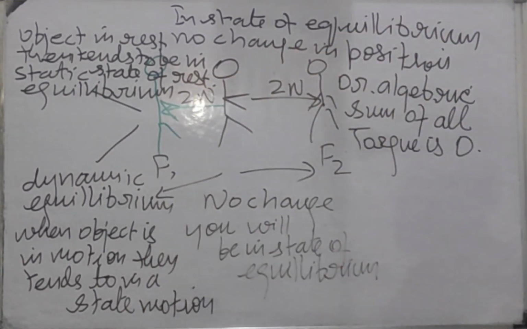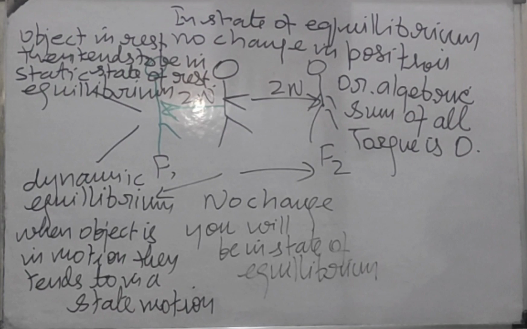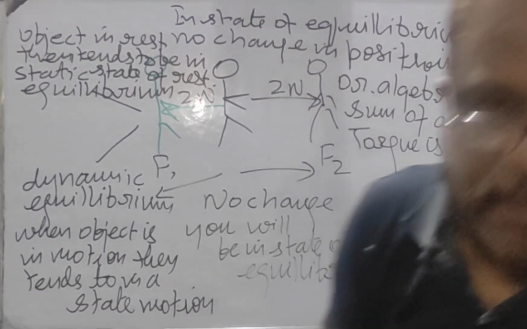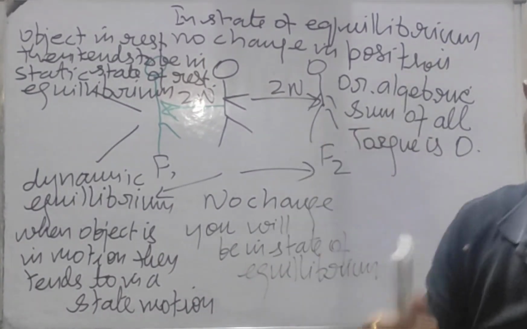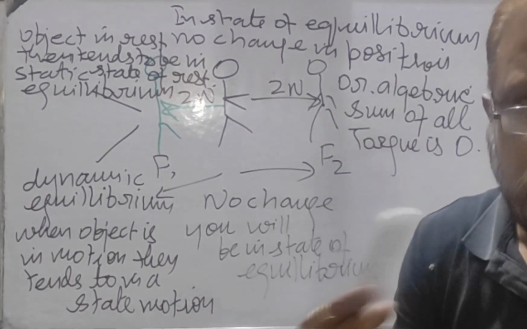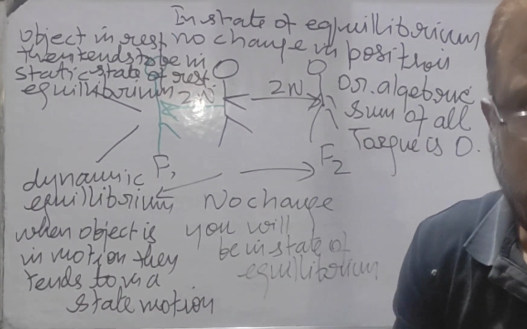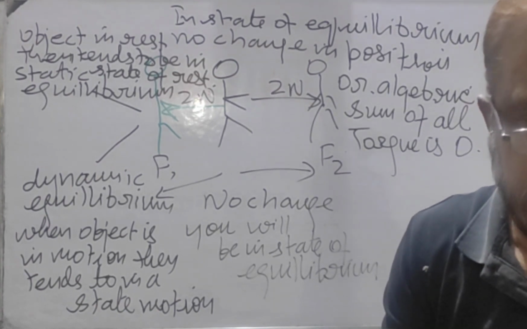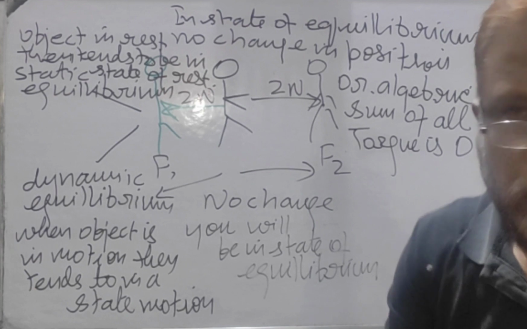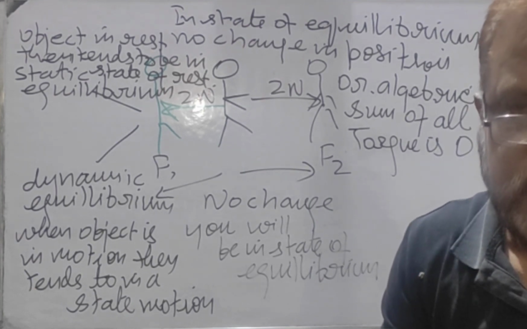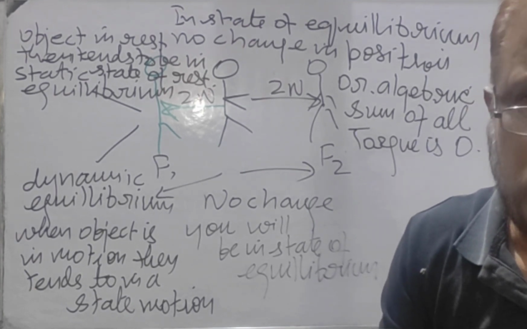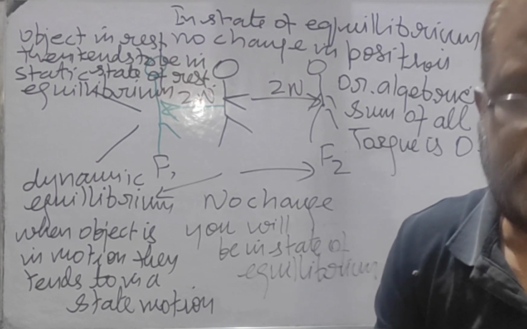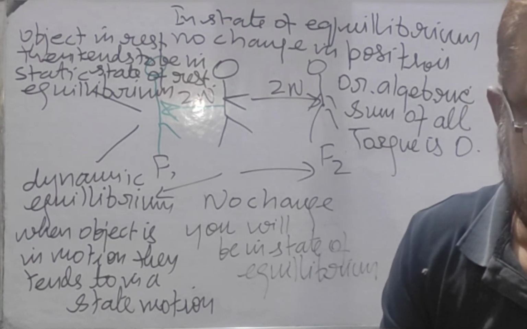I hope you understand. So what I said is that when the algebraic sum of all torques is zero, then the object is said to be in equilibrium, or the sum of all forces acting on an object is zero, then the object is in a state of equilibrium.